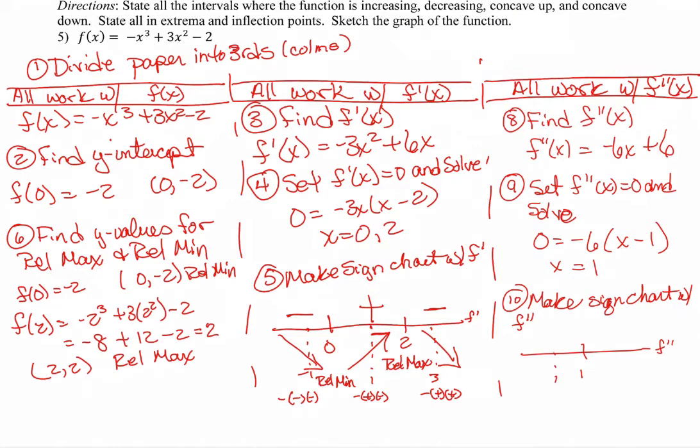I'm going to use 0 and 2. So here I get negative and negative, so this is positive. Here I get negative and positive, so this is negative. So I'm smiling and I'm frowning.